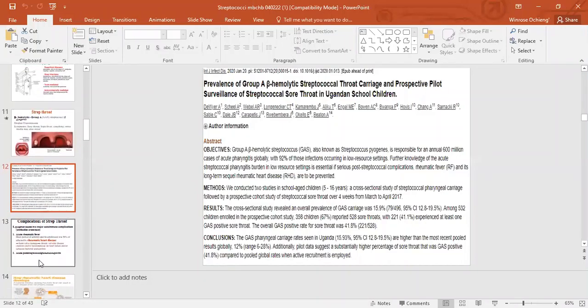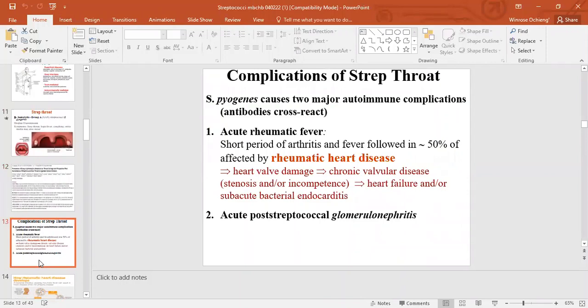So we also have the complications. I've expounded on this. What are the complications of streptococcal throat infection? Most of the time we can end up having autoimmune complications. So you get a sore throat in small babies or small children and it's not well treated.